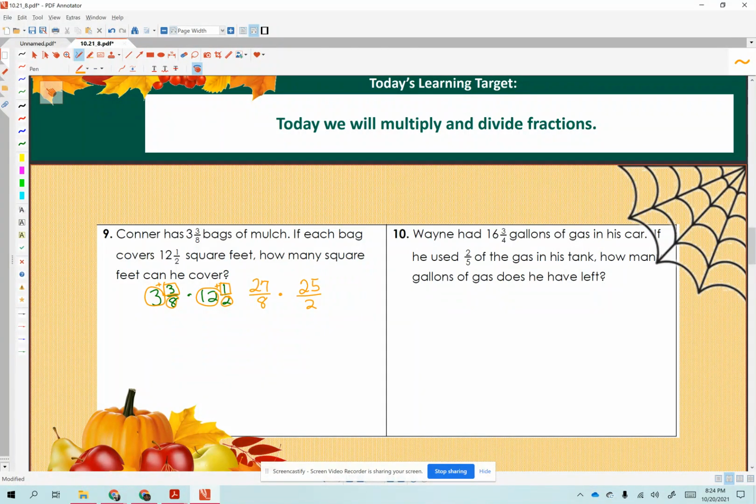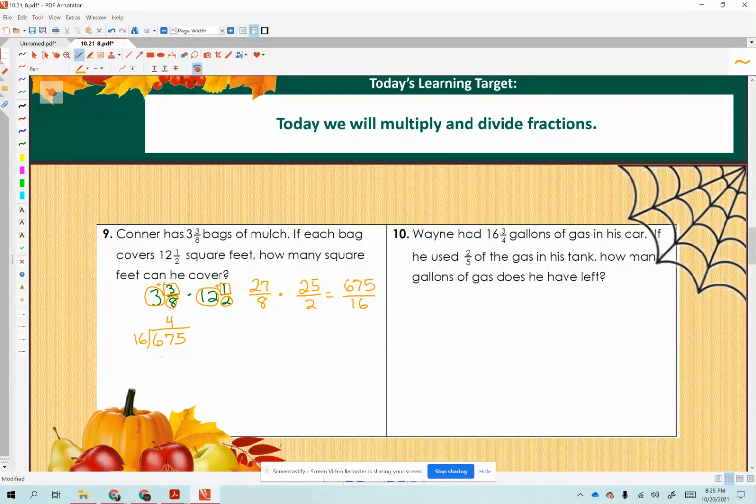Again, smaller numbers are better numbers, but we don't have anything we can do here. We have an even number here and an odd number here, even number here, and odd number on the 27. We're just going to have to multiply those out. So 27 times 25 is 675, and 8 times 2 is 16. When we divide 675 by 16, 16 goes into 67.